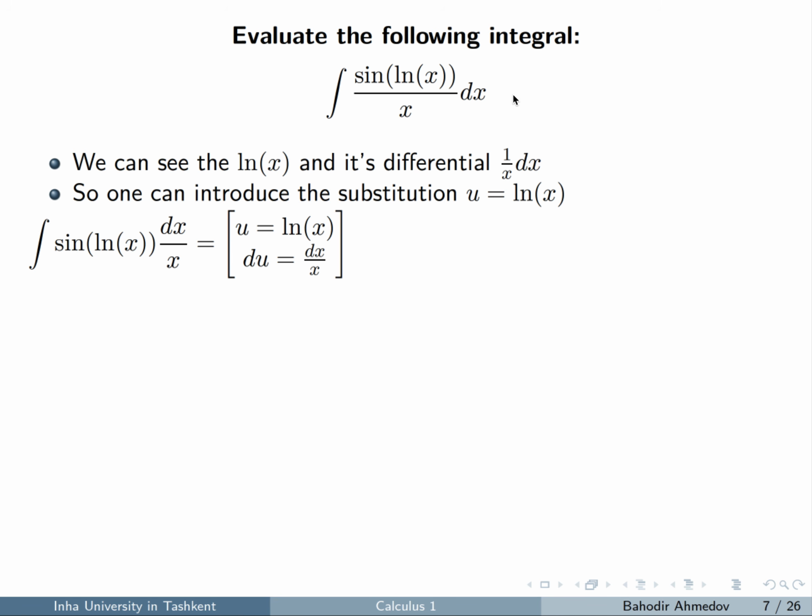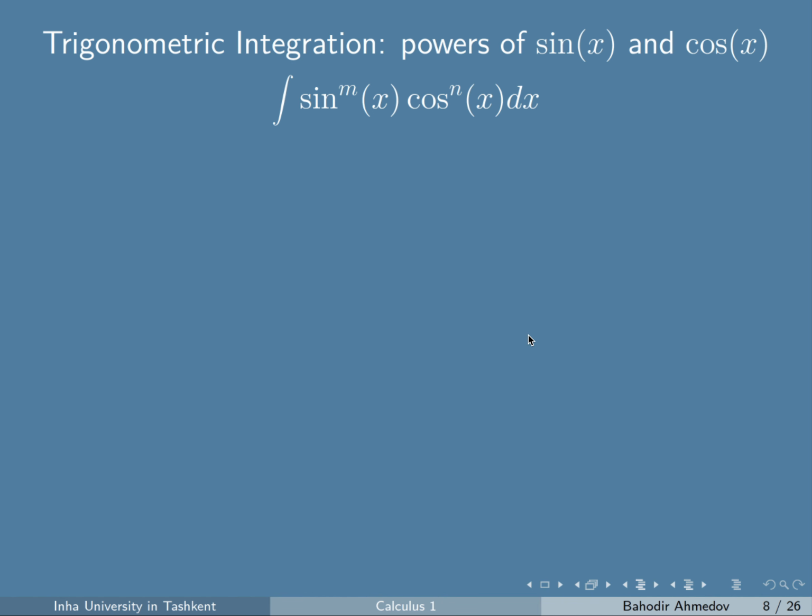If I write down this integration in this form, sine of ln of x multiplied by dx over x, we can substitute this with u. It's going to be sine of u du, which is simply minus cosine of u, and if we resubstitute this back, it's going to be minus cosine of ln of x.